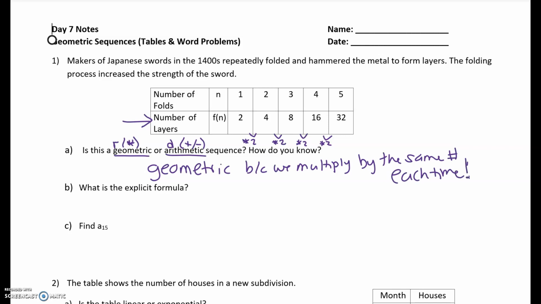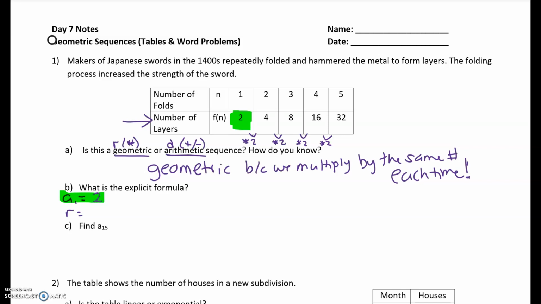So, therefore, now that we know it's geometric, we're going to write the explicit formula. So that means we're writing the explicit formula for a geometric sequence. So that would look like we need the first term and that r value. Well, the first term of this sequence is going to be 2.